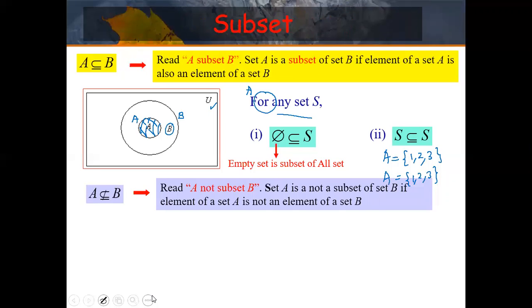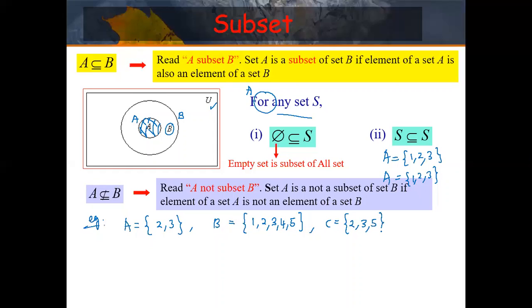Alright, so let's see the example. Given set A: 2, 3, set B: 1, 2, 3, 4, 5, and set C: 2, 3, 5.